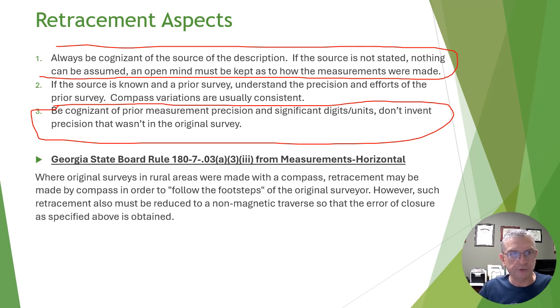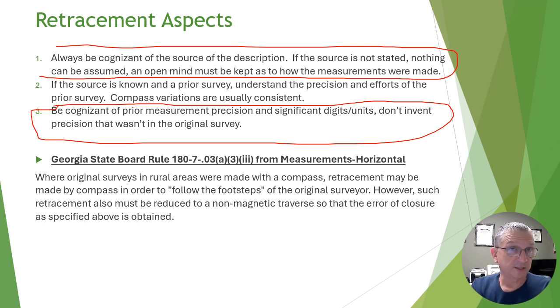So this rule was added several years ago. It says where original surveys in rural areas were made with a compass, retracement may be made by compass in order to follow the footsteps of the original surveyor. Duh. However, such retracement also must be reduced to a non-magnetic traverse so that the area of closure, as specified in the rule above, is obtained.